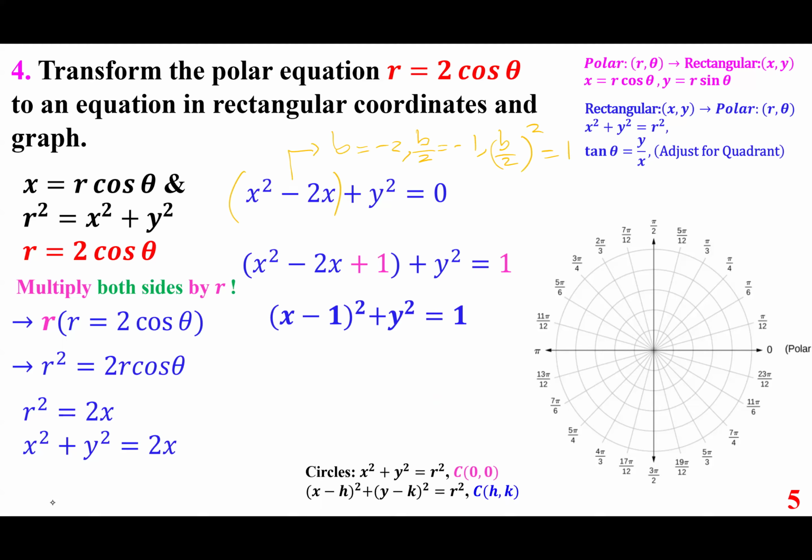Reminding you, a circle centered at 0, 0 has the equation x squared plus y squared equals r squared. A circle centered at h, k has the equation x minus h quantity squared plus y minus k quantity squared equals r squared. So this one has center at 1, 0. Radius is square root of 1, making it 1.